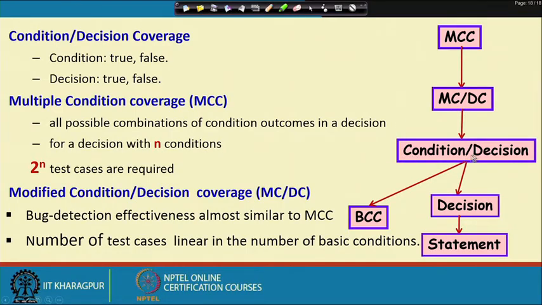It is stronger than condition decision coverage testing, but of course, it is weaker than the MCC, multiple condition coverage testing, but multiple condition coverage testing requires a huge number of test cases, while MCDC testing achieves testing which is very close to the MCC testing. So, that is the reason why MCDC testing is an important test strategy used extensively during testing.